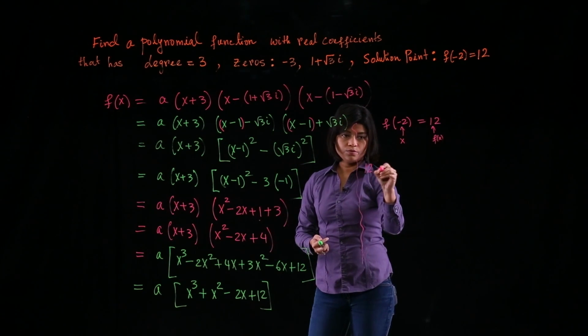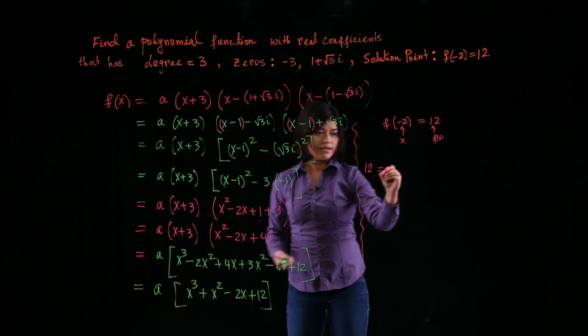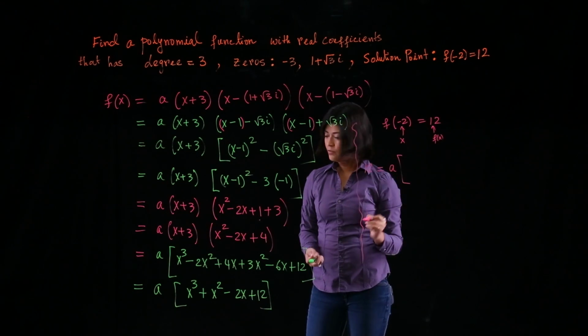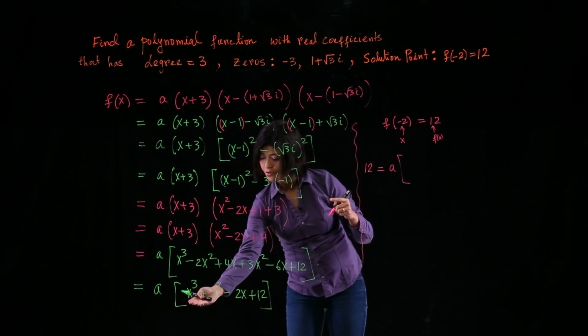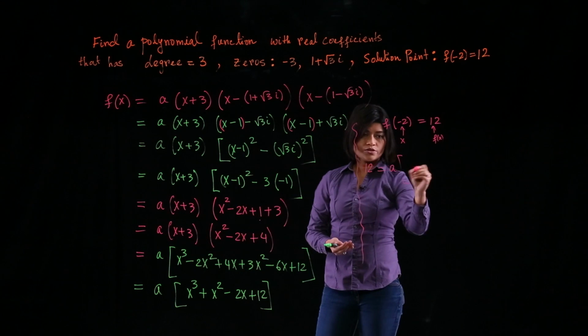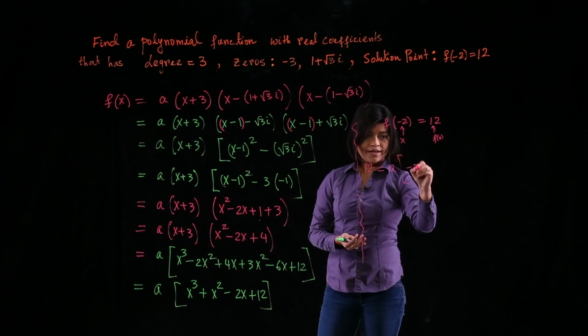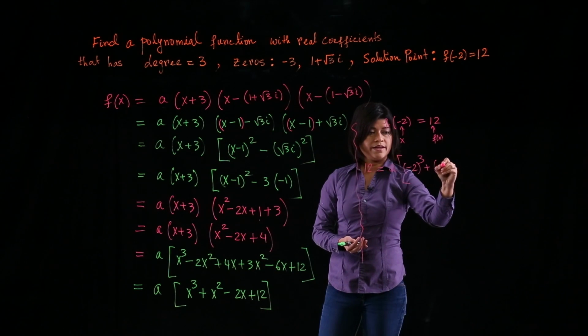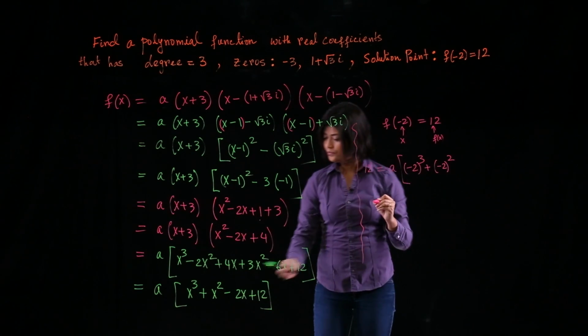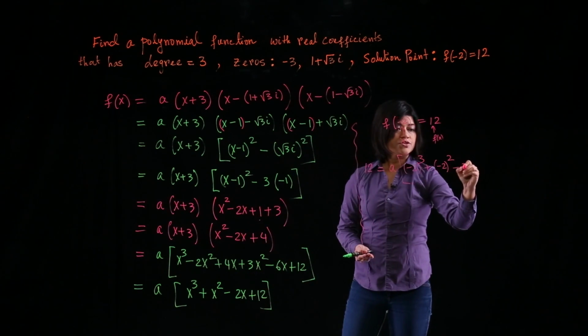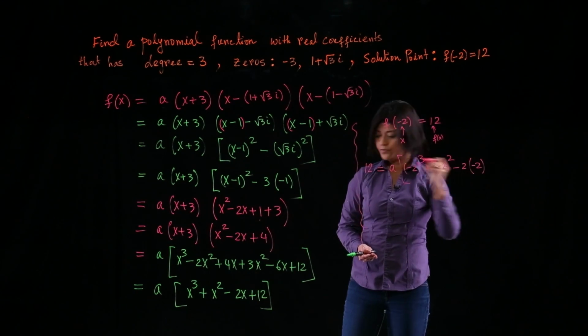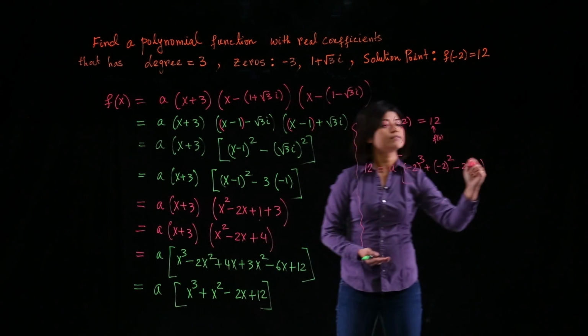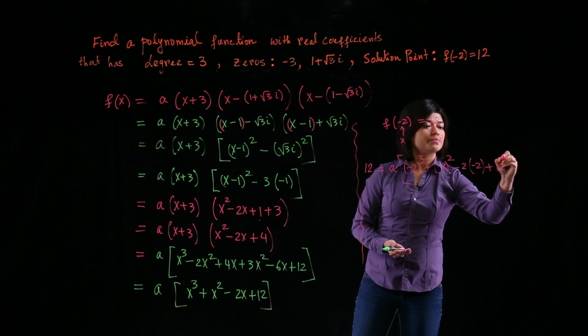So 12 will be equal to a times, plugging in x equals negative 2 for all these terms: negative 2 cubed plus negative 2 squared minus 2 times negative 2, and the last term is plus 12.